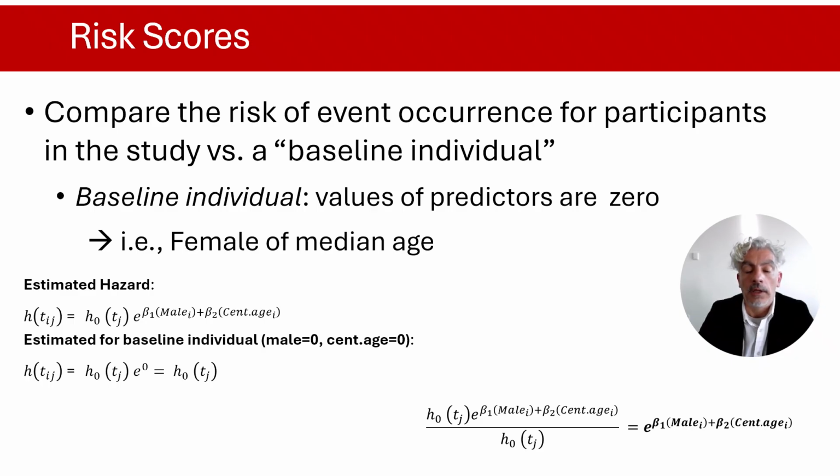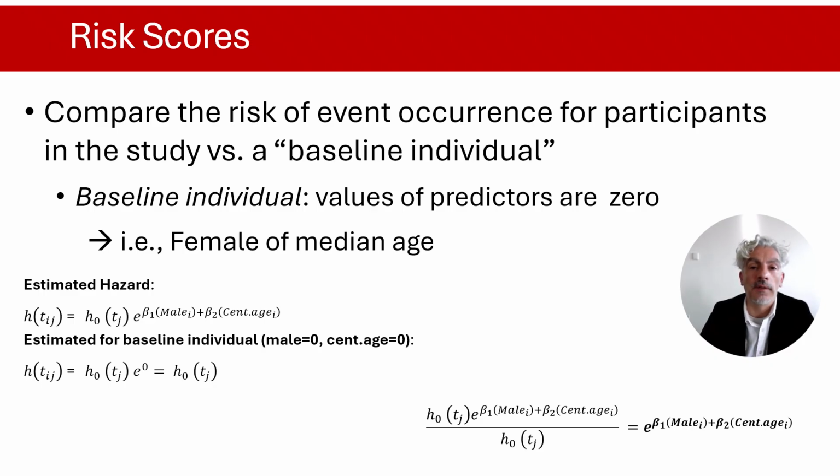So here I ran a model where the predictors were sex and the patient's age at the start of the study. I centered age at the median value of the sample. A baseline individual in this example would therefore be a female patient of median age, because I had centered age at the sample median.